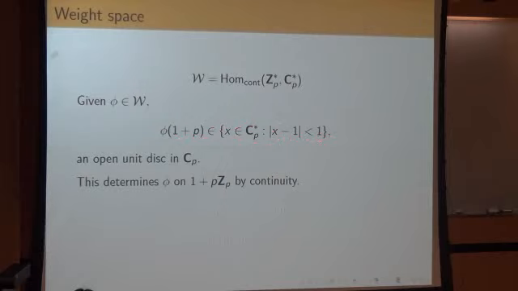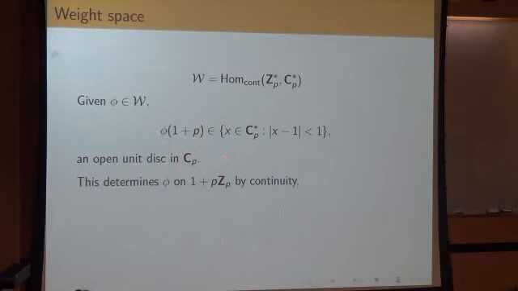So x minus 1 has to have absolute value less than 1 for this to extend to a continuous homomorphism. So given an element in weight space, you have, maybe not canonical because 1 plus p is not so canonical, an element of the open unit disk in C_p associated to it, namely just the value of phi of 1 plus p.